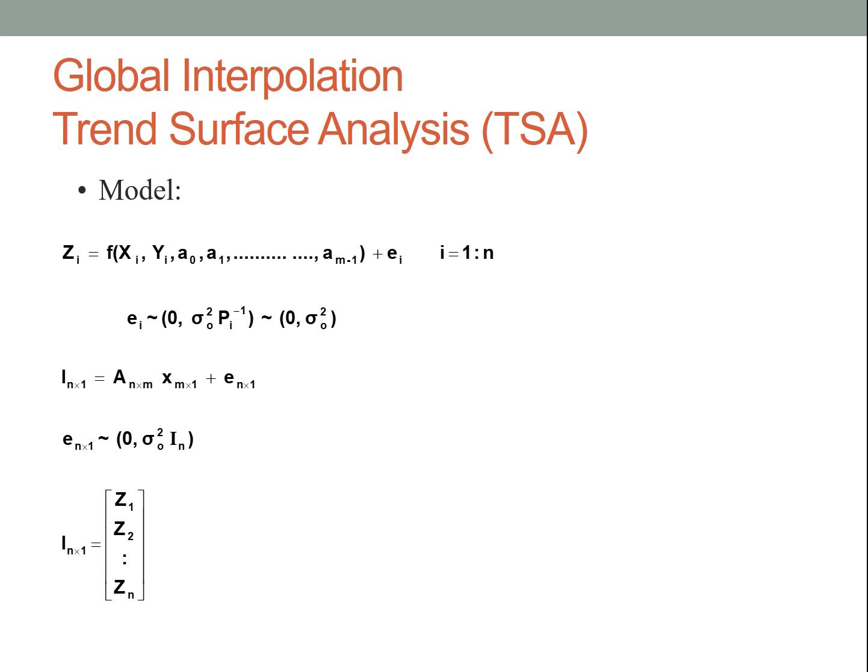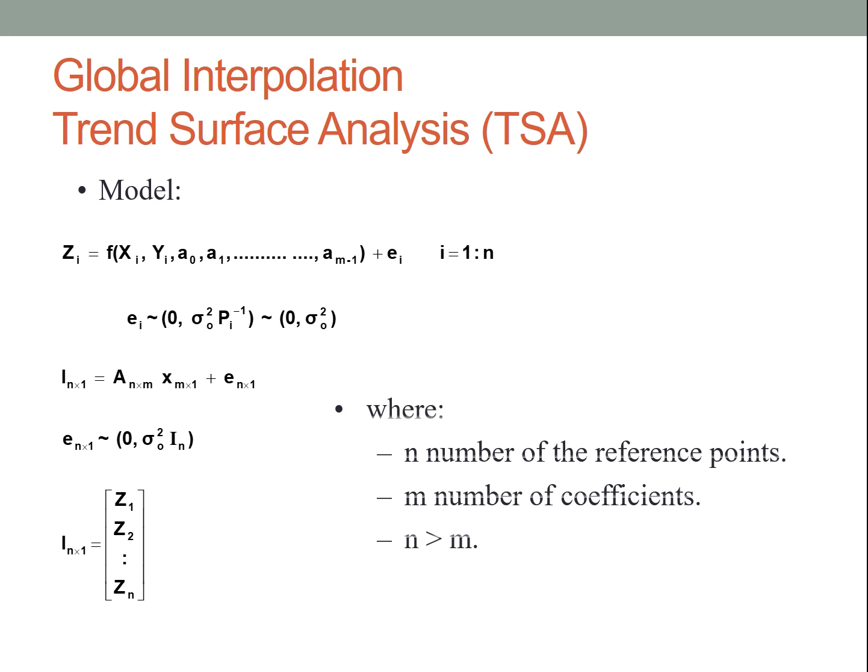So math. Yay, math. Here's our interpolation. We have our model. We have our observed known points, that's the elevation. We have a function that takes into account x and y, so that's the location in the horizontal, and all of the coefficients of my trend, then plus an error.